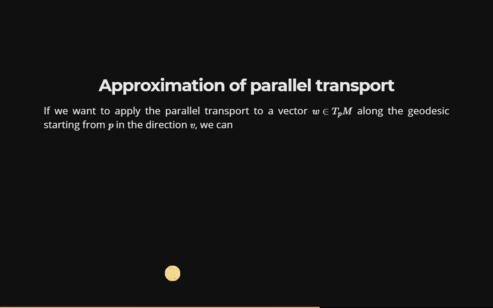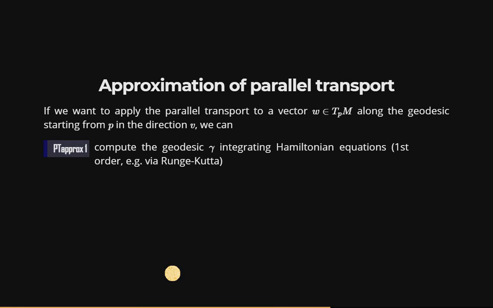How? Well, as follows. We compute the geodesic gamma, integrating the Hamiltonian equations, so we get just first order derivatives of the metric and the momenta. We compute another geodesic which starts not with direction v, but with direction v plus epsilon w.